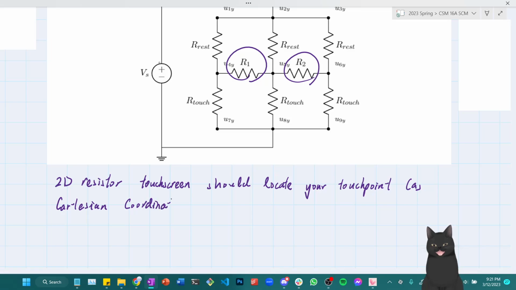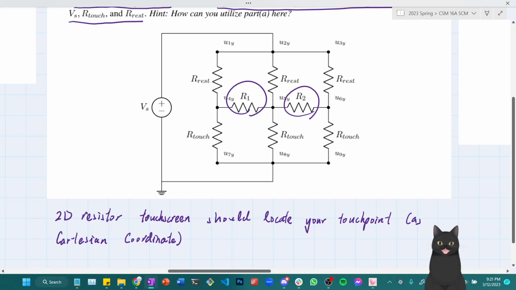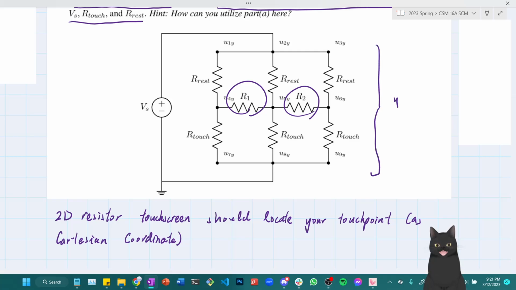Which means, whenever my touchscreen receives a touch, such as if I touch here with my pen, or touch here with my pen, the resistive touchscreen should sense the touch at some specific Cartesian coordinate of its entire screen. And this part of the circuit is supposed to figure out the y coordinate of the touchscreen.